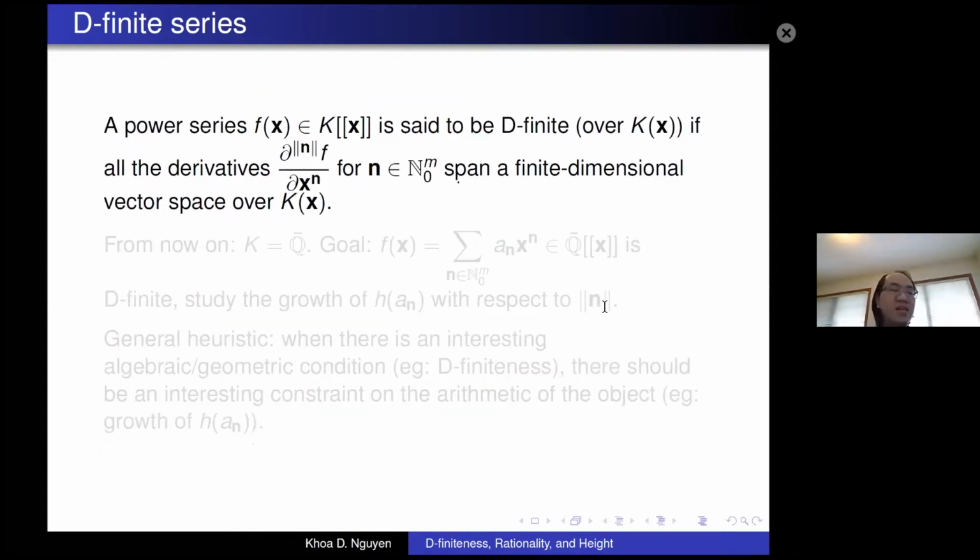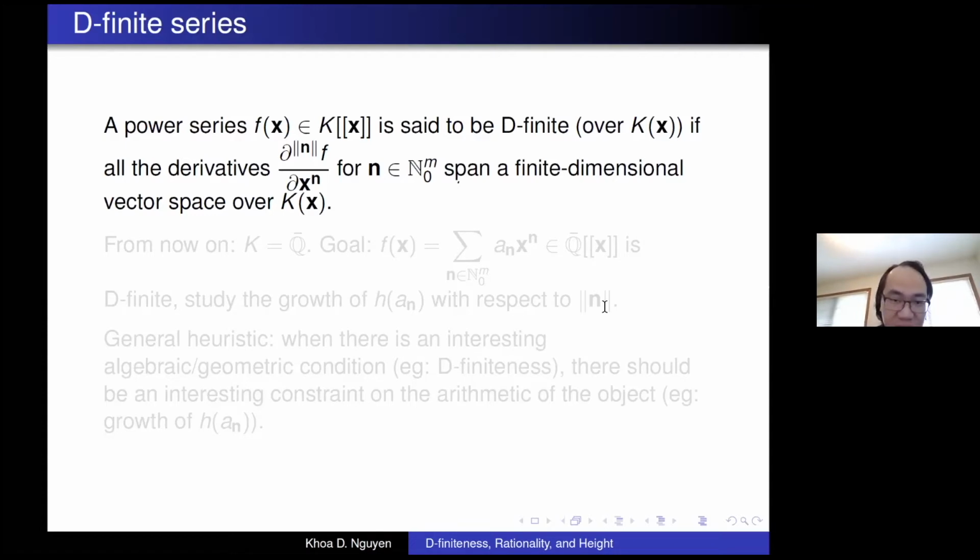So we say that our power series is D-finite over the rational functions in m variables if the partial derivatives span a finite dimensional vector space over that field of rational functions. Some people also call these, at least in the one variable case, a holonomic function. So again, D-finite and holonomic are the same.